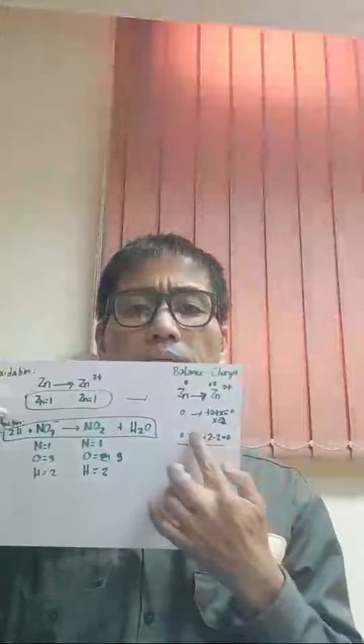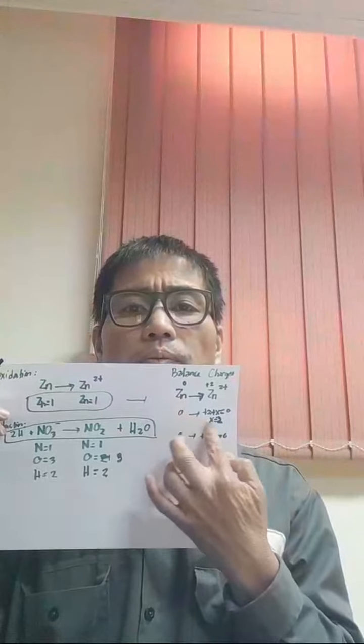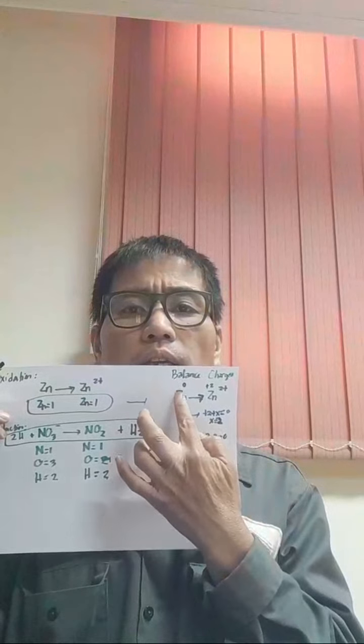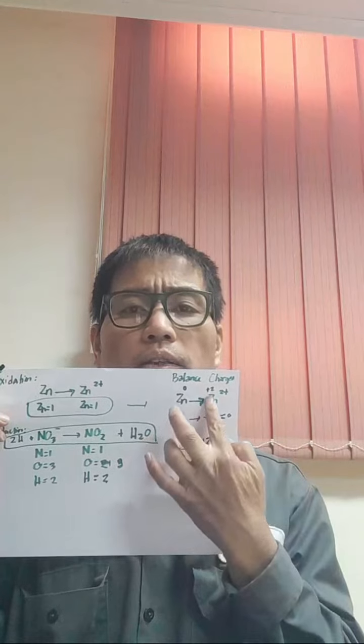Then positive 2 plus negative 2 is equal to 0. It's already balanced. Zinc is 0, and then positive 2.